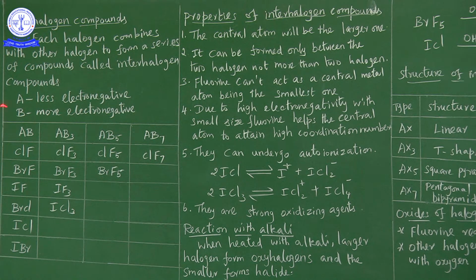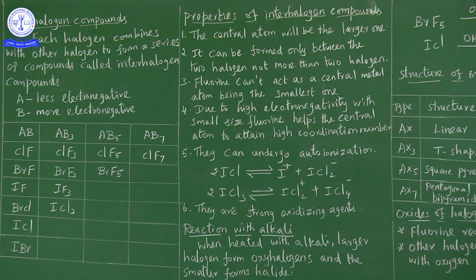Then iodine. ஸோ அயோடின் என்ன பண்ண முடியும்? ஸோ அதுக்கு ப்ரீவியஸாக இருக்கிறது என்னென்ன எலமெண்ட்? ஃப்ளூரின், குளோரின், புரோமின். அப்போ அயோடோ ஃப்ளூரைடு IF, அயோடோ குளோரைடு ICl, அயோடோ புரோமைடு IBr. ஸோ those are forming interhalogen compounds.